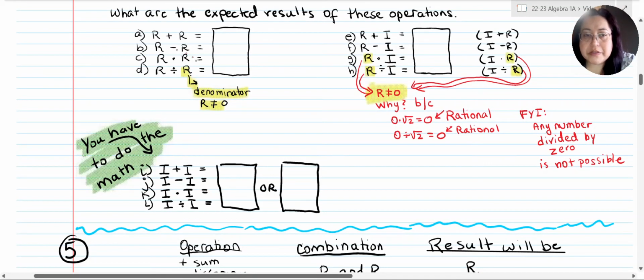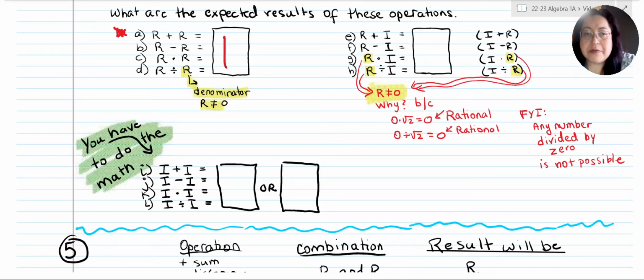Now, when you have operations between two rational numbers, right? I'm talking about over here. Regardless, it's going to be rational. The only exception to this would be you cannot divide by a 0. Okay. If you have an operation between a rational and an irrational, and it doesn't matter who comes first, they're both going to be irrational.